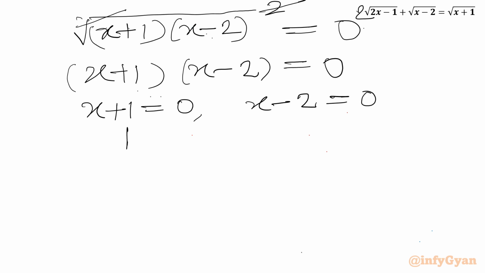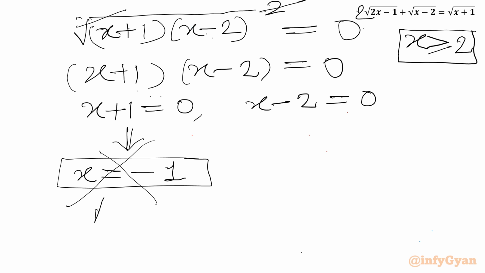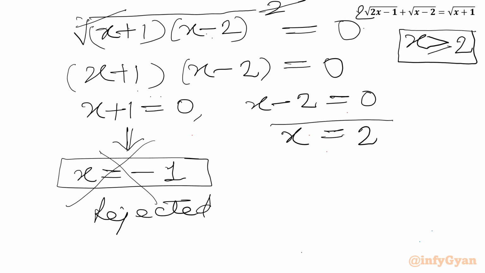So from the first equation I can write x equal to negative 1. But our condition on x was x must be greater than or equal to 2 for real x. So this solution we will reject. Now x minus 2 equal to 0, so x will be equal to 2.